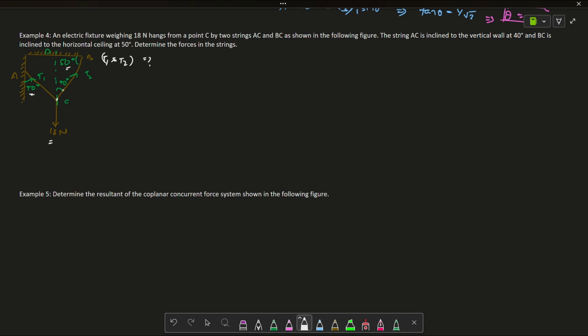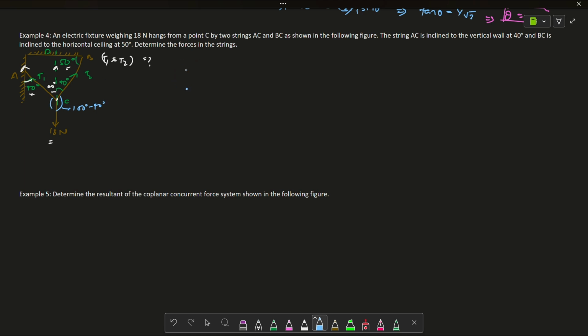Now this one is 40 degrees, right? From the geometry, these two lines are parallel, so this angle is 40 degrees, and this will also become 40 degrees. From the straight line equation, we will find this angle as 180 degrees minus 40 degrees. Similarly in this case as well.